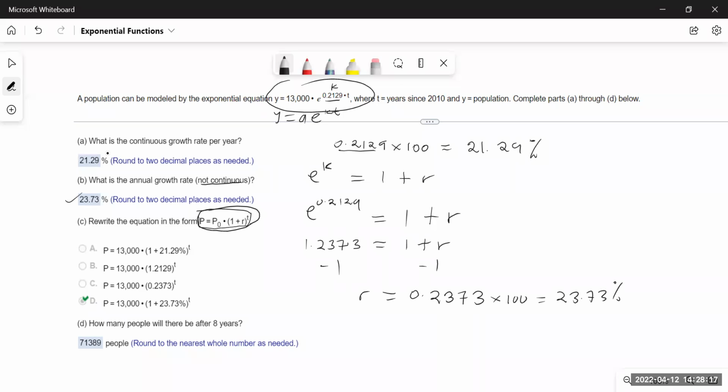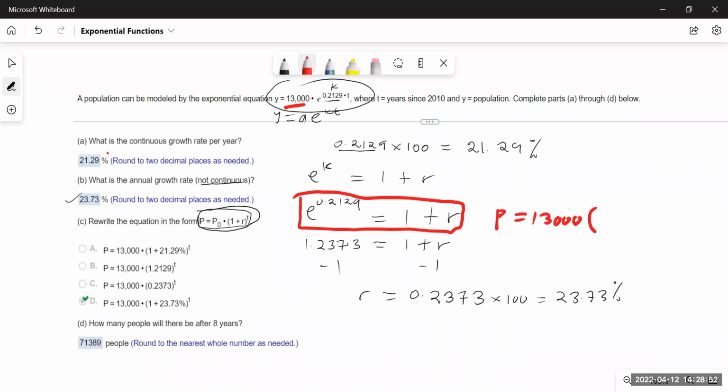Now let's go to the C part. Now the C part of this problem, we've done most of the work for the C part. Here, the C part, we want P is equal to the initial times (1 plus r) to the t. Now we have already found 1 plus r here. So our P is equal to the initial, which has already been given in the problem as 13,000.